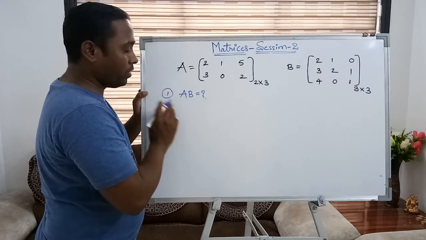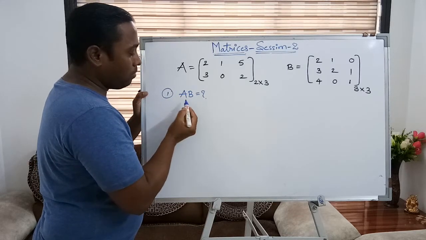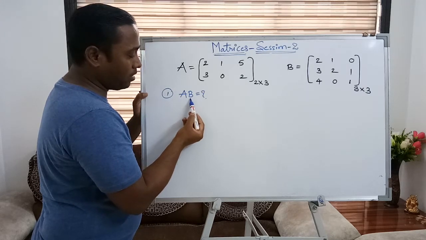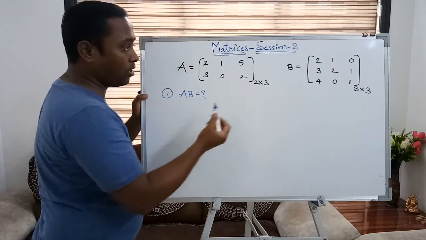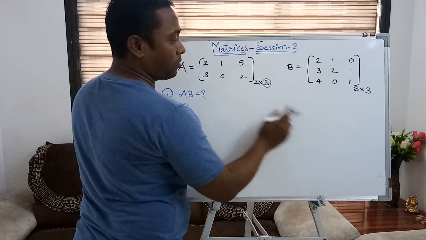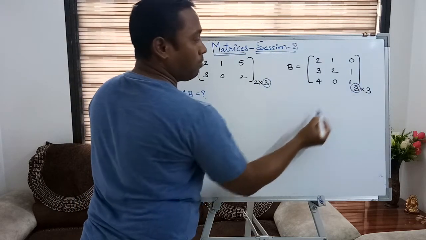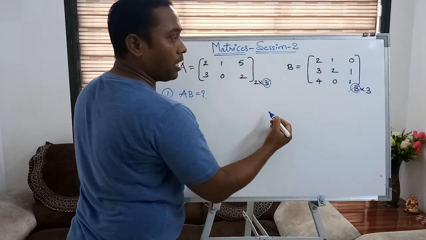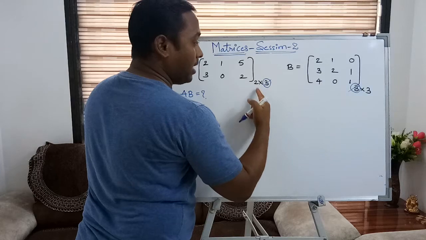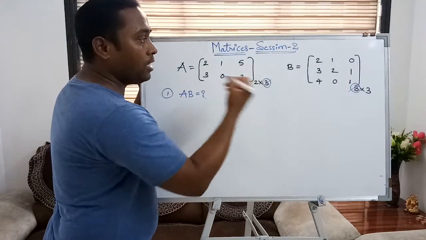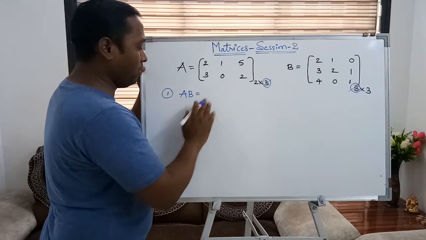First we'll check whether the number of columns of the first matrix and the number of rows of the second matrix are the same or not. Yes, if you observe, the first matrix's number of columns is 3, the second matrix's number of rows is 3, hence these two are the same. Cut that. So ultimately yes, their multiplication is possible.